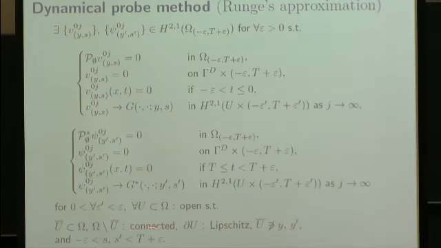The conditions are given here. The important condition is again that omega minus U bar must be connected. Okay? Because this Runge approximation uses the unique continuation property. Okay?